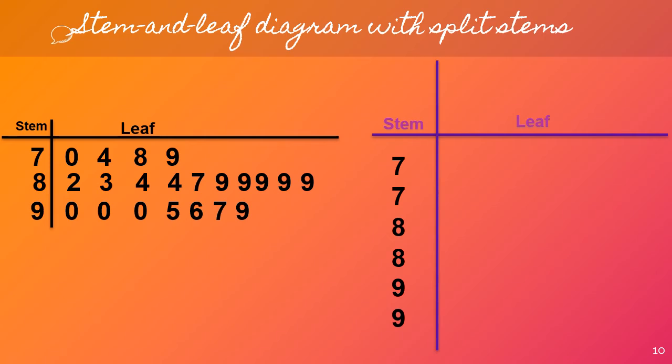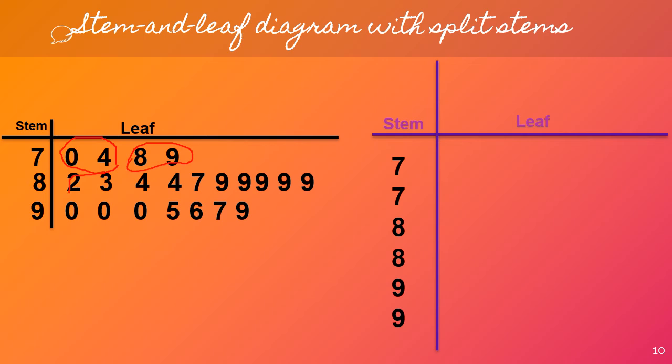So we will obtain a stem and leaf diagram with split stems. For example, in here, again, it is 0 to 4, then 5 to 9. Each stem is split in half.